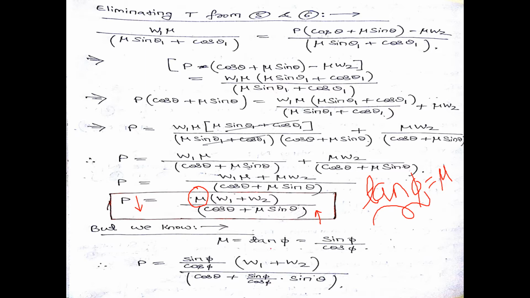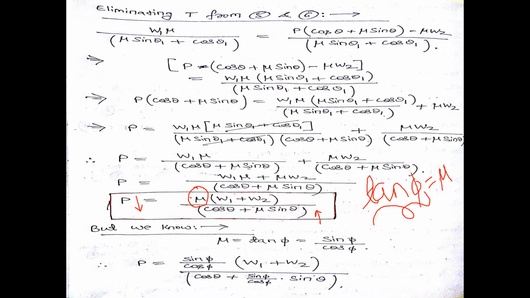Now tan phi, I can write as sin phi by cos phi. Why am I doing it? Because in the denominator the expression is in terms of sine and cos, so I have to convert this tan in terms of sine and cos. So finally P is equal to (sin phi by cos phi) into (W1 plus W2) divided by (cos theta plus (sin phi by cos phi) into sin theta).